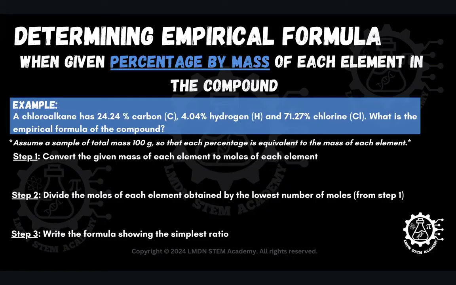So the key assumption, whenever we're doing a percentage by mass calculation, is that there's a sample of total mass 100 grams. If we assume that it is a 100-gram sample, and I told you that of that 100-gram sample, 24.24% is carbon, that's literally saying 24.24% of 100 is carbon.